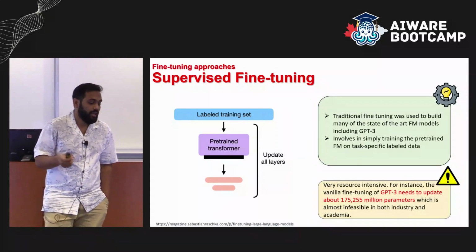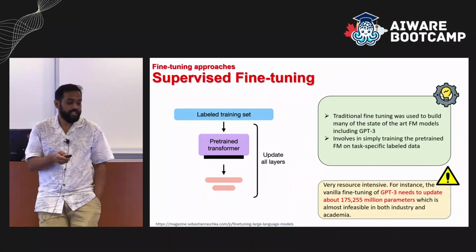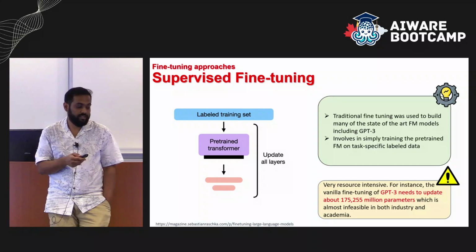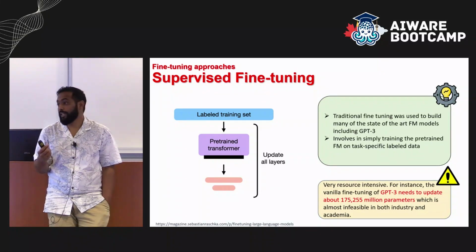But this is very resource intensive. For example, GPT-3 needs to update about 175,000 million parameters, which is crazy. It requires like 80 or 90 H100 GPUs.